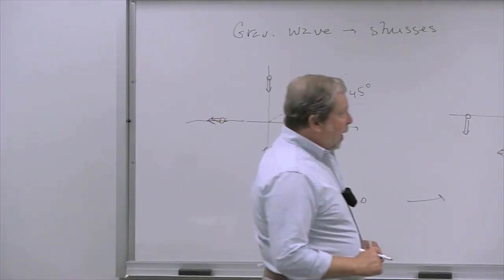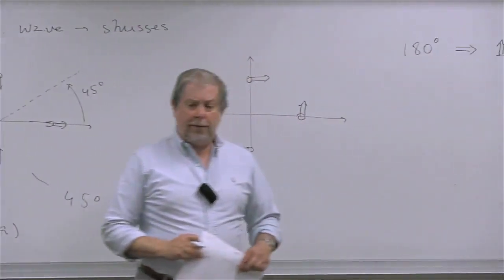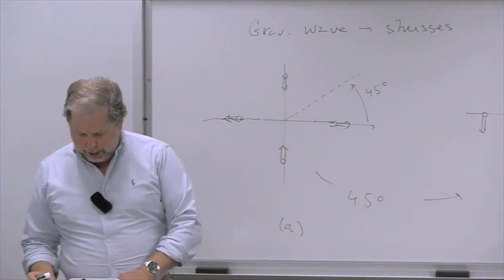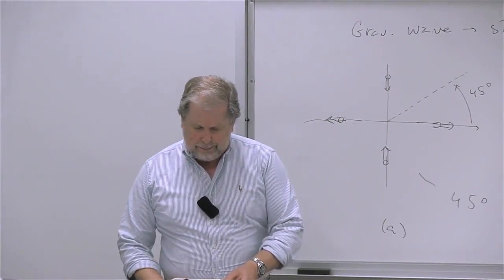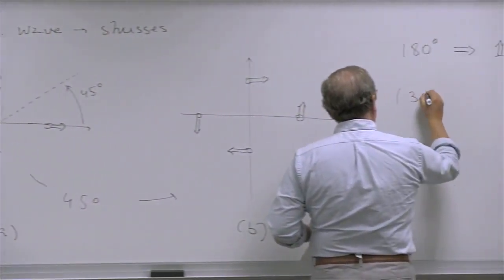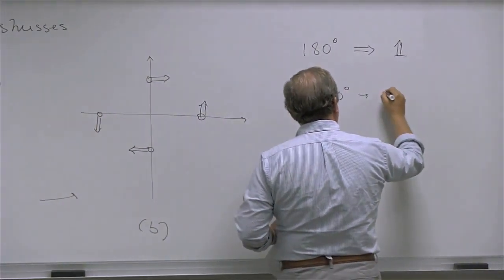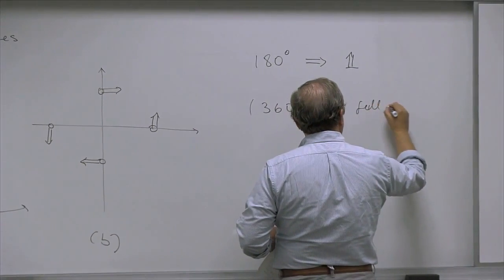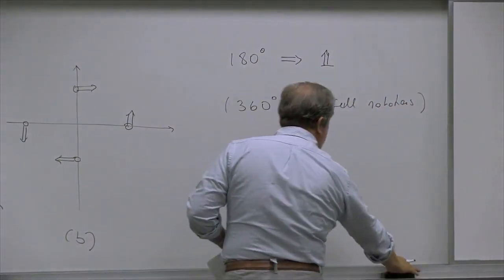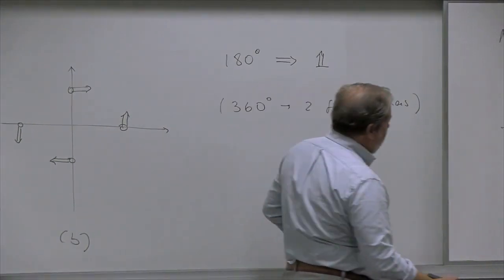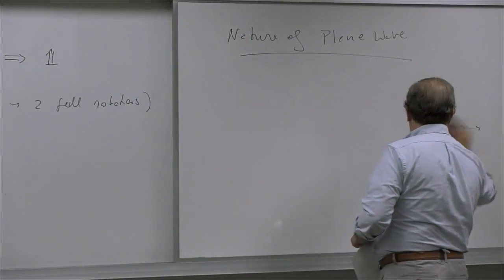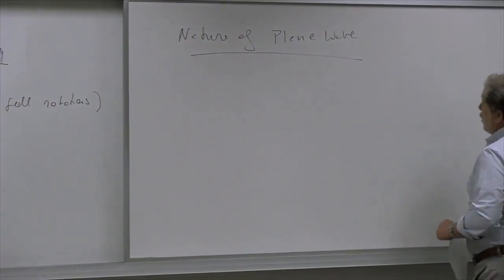And that is, of course, a reflection of the fact that you're dealing with a wave that has a spin equal to 2. So after 360 degrees, you get two full rotations.